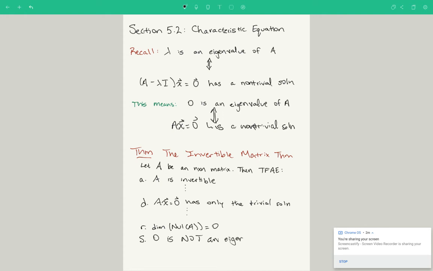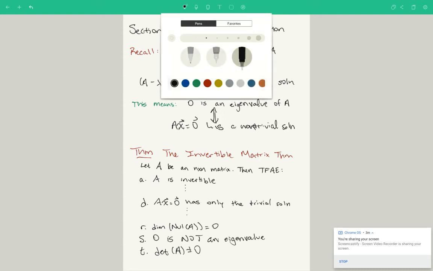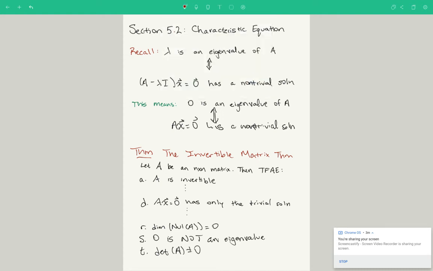Another one that I'm going to put on here, which we already talked about but hadn't actually written down in the whole list, is that A is invertible if and only if the determinant of A is not 0. So these are our two new pieces of the invertible matrix theorem.